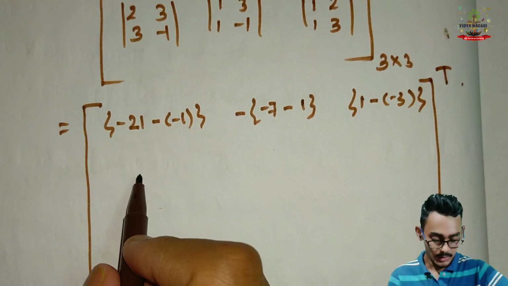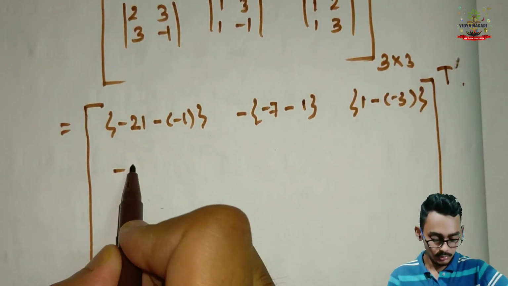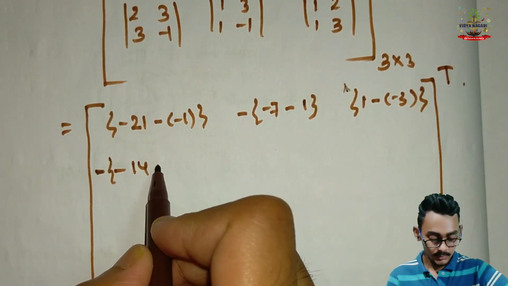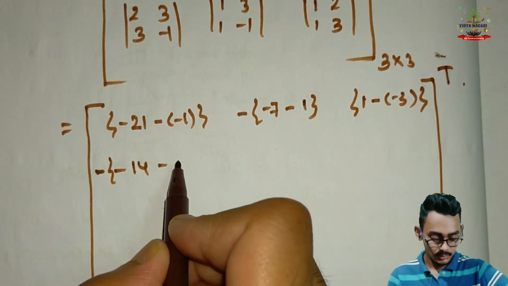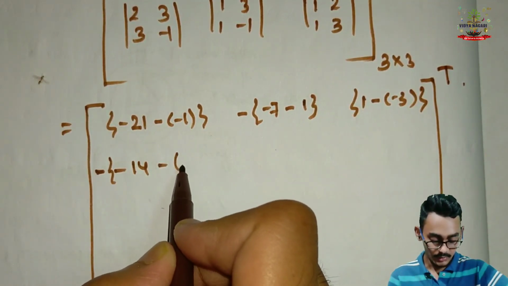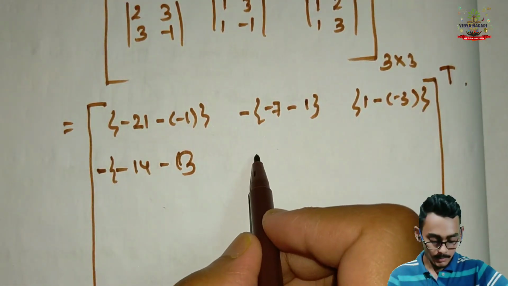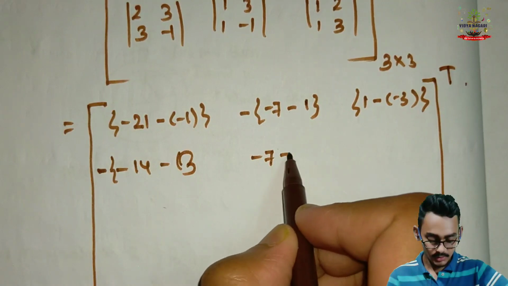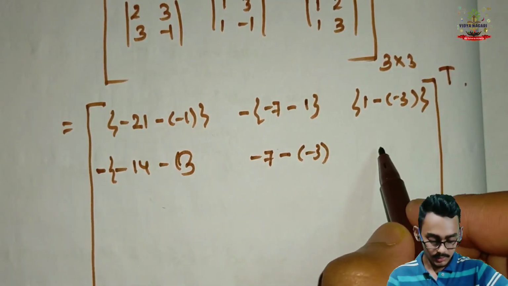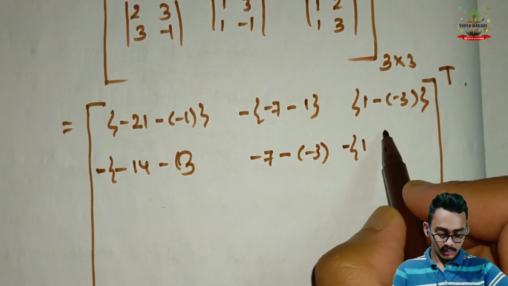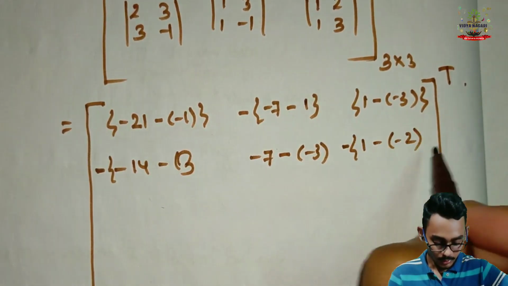For the second row, minus 14 and minus or plus minus 3. For this, minus 7 minus 3, 1, minus 2.